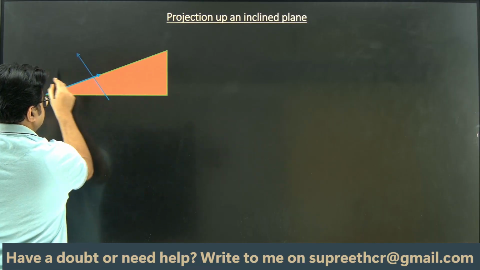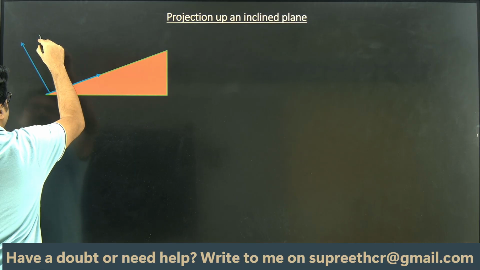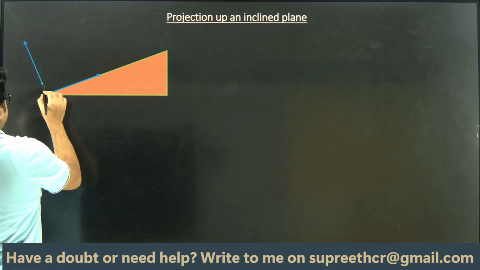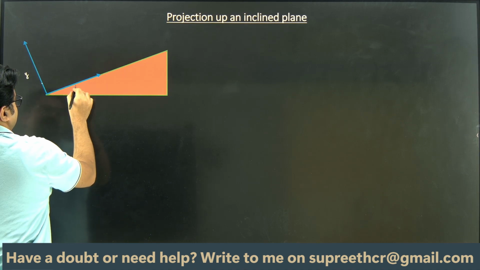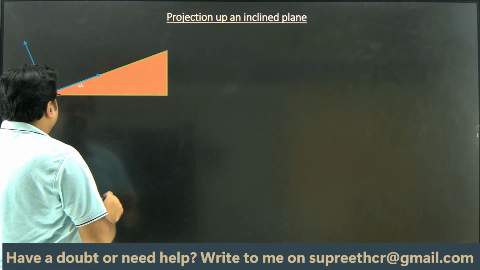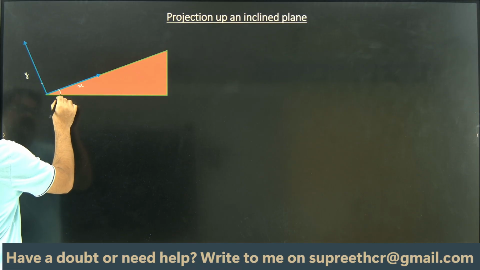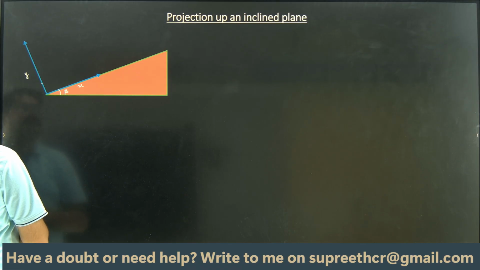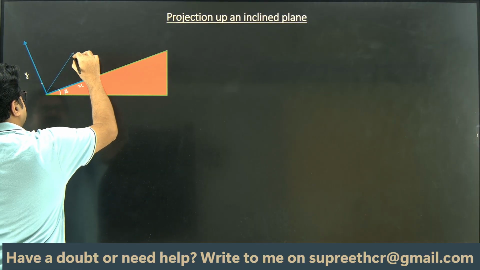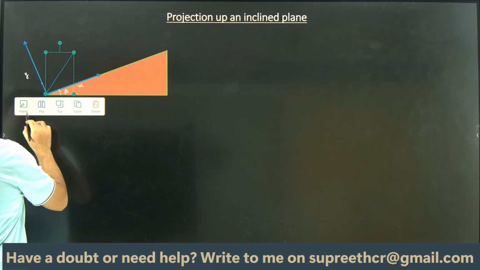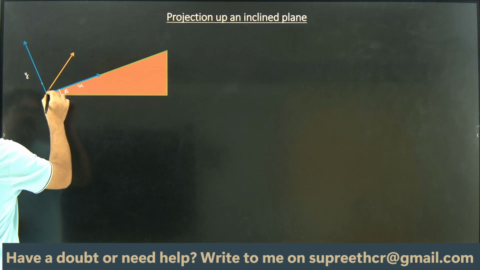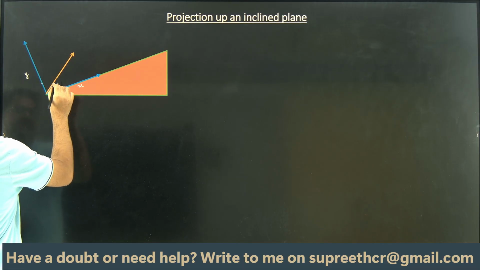So that's my y-axis. I shall name them y and x. Okay. Let's assume that the angle of inclination is beta. I shall mark this angle and call that beta. Consider a projectile that is thrown from the bottom of the inclined plane at an angle alpha. So let's say that this angle is alpha.